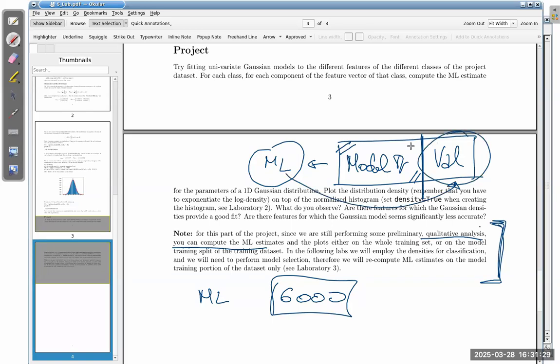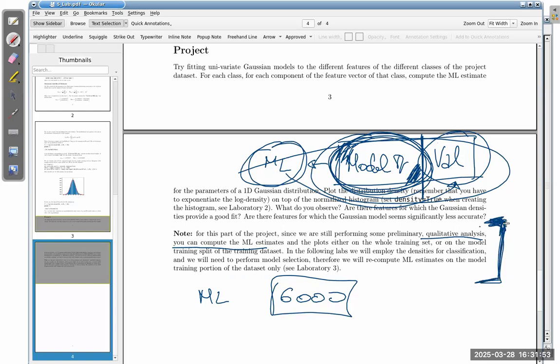For this part of the project, you can compute maximum likelihood estimates over the whole dataset, but next week, remember that we will recompute maximum likelihood estimates only on the model training part, because at that point we want to use the data to perform classification. Here we're just trying to figure out how well a Gaussian density would describe our feature. So we don't really need to divide into training and validation, because we are still doing just a qualitative, visual analysis of how good the model would fit our data.